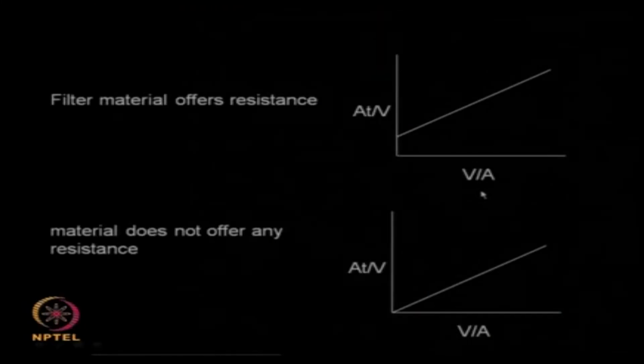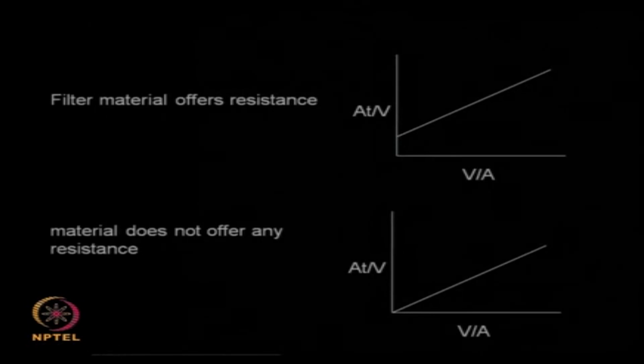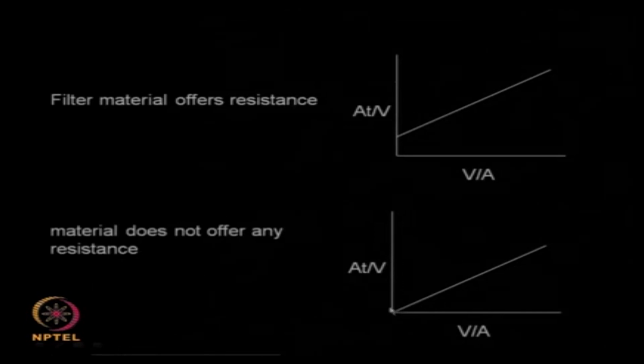C is the intercept which arises because of the resistance offered by your filter medium or filter cloth, and when you plot AT by V as a function of V by A, if the resistance offered by the filter cloth is appreciable, you will get an intercept, and if the resistance offered by the filter cloth is practically 0, then the line will pass through the origin.